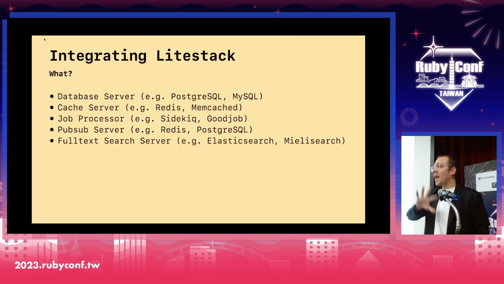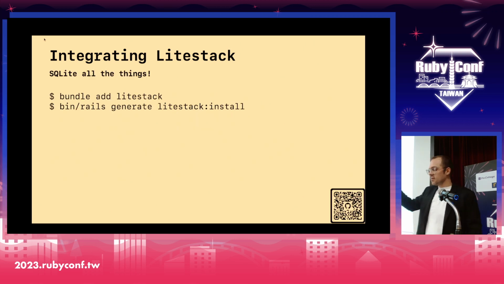You can put every piece of Rails functionality onto a 512 megabyte RAM, $4 a month DigitalOcean server. Lightstack, similarly, incredibly easy to install, automatically integrates into your Rails app. The installer updates all the different configuration.